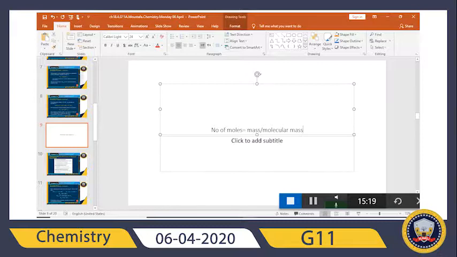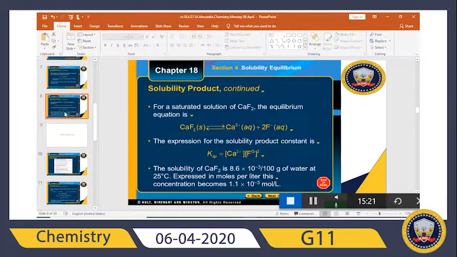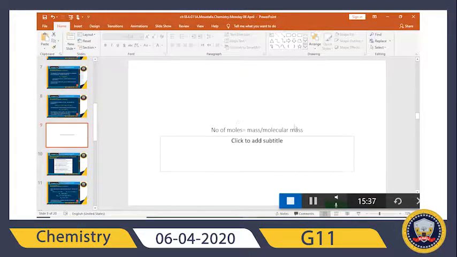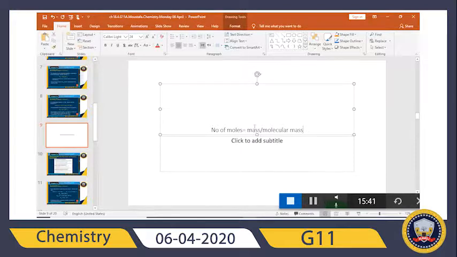So here you have 8.6 times 10 to the power of minus 3 grams. You have to change these grams to moles. You have the amount in grams, and you need the molecular mass of calcium fluoride.